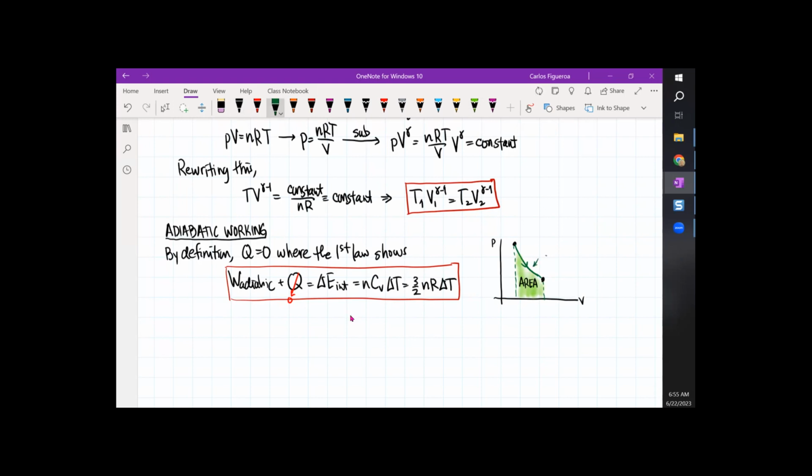But it just turns out to be the value of the change in internal energy. And this should not be a surprise because this is process independent. It doesn't matter whether it's isochoric, isobaric, or adiabatic, the change in internal energy is given by this expression.